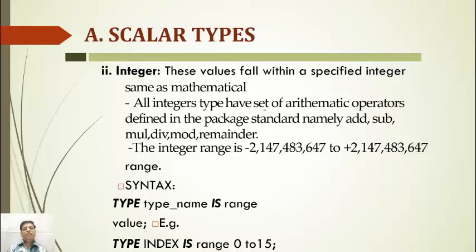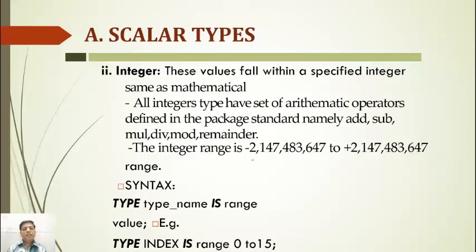All integer types have a set of arithmetic operators defined in the package standard, namely add, subtract, multiplication, division, modulus and remainder. The integer range is -2147483647 to +2147483647.